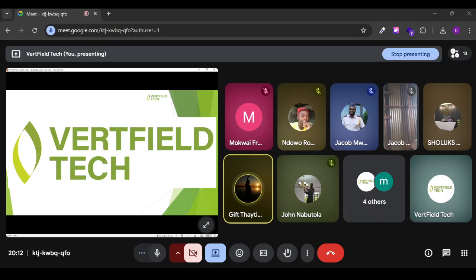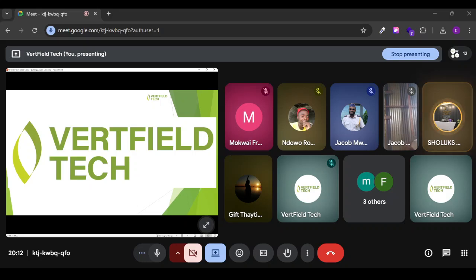Then we have three TVs that will need 100 watts.